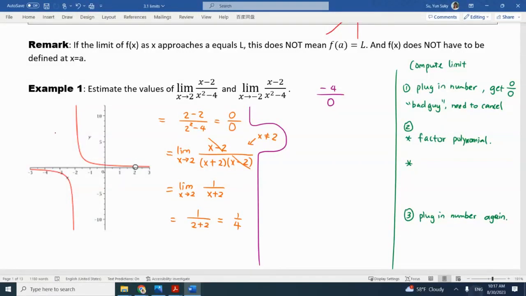Yeah, this is undefined. But the problem is here, x is getting close to minus 2. X is not equal to minus 2.